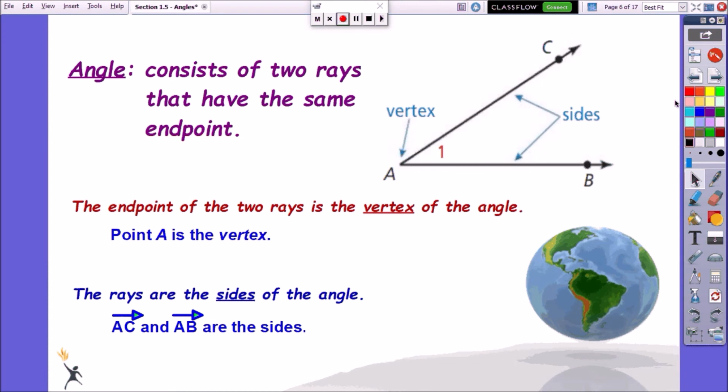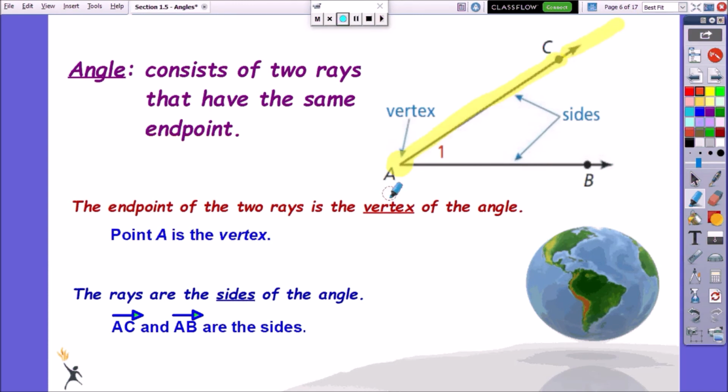So now we get to talk about angles, because angles are made up of rays. So an angle, by definition, consists of 2 rays that have the same endpoint. Okay, so notice in this picture we have ray AC. Here's A, and it goes up to C, and then to infinity and beyond.